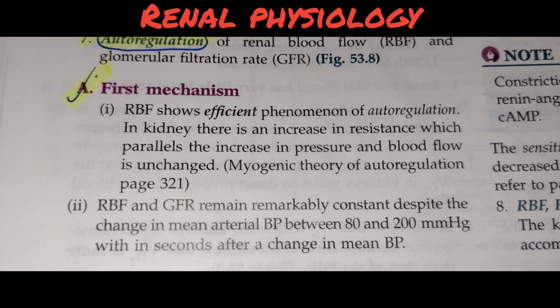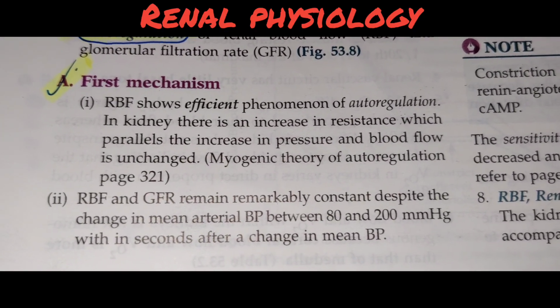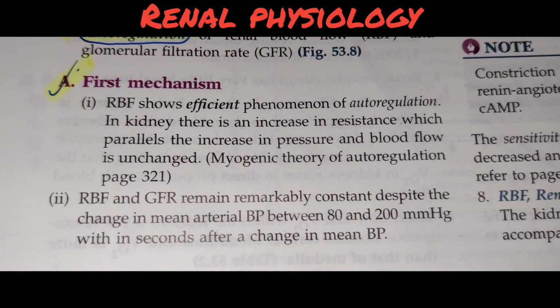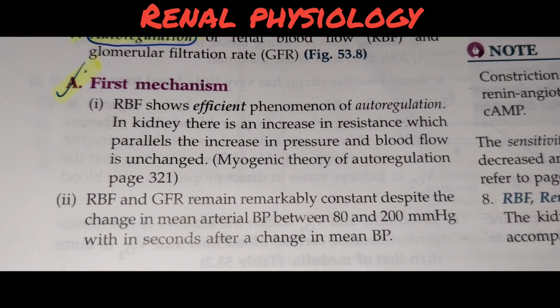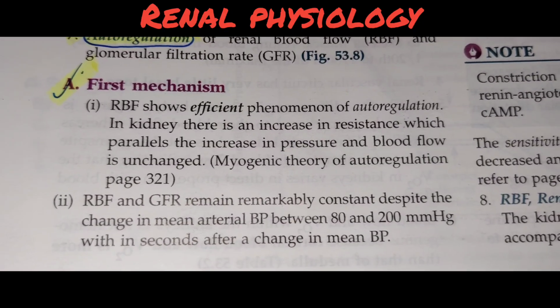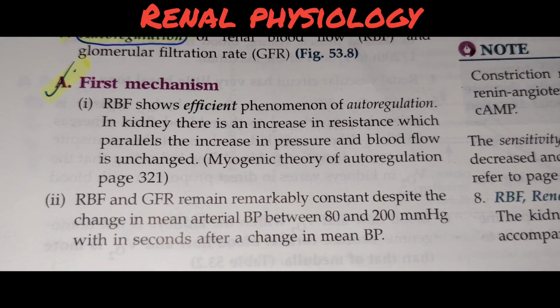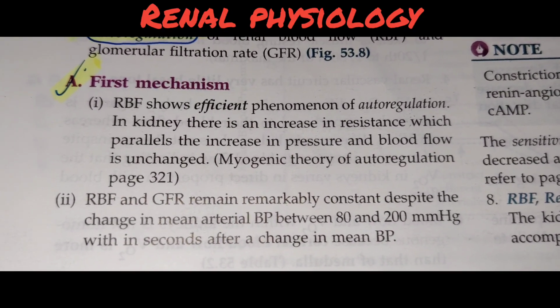Okay, so it means that in the kidneys there is an increase in the resistance which parallels the increase in the pressure, and the blood flow is unchanged. Meaning if the pressure increases, there will be an increase in resistance, and thus the blood flow will remain constant. So this is due to the myogenic theory, which states that every smooth muscle has a basal myogenic tone.